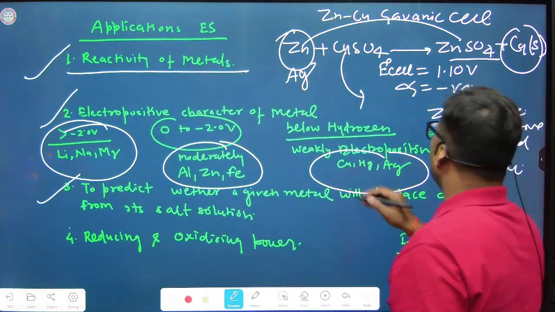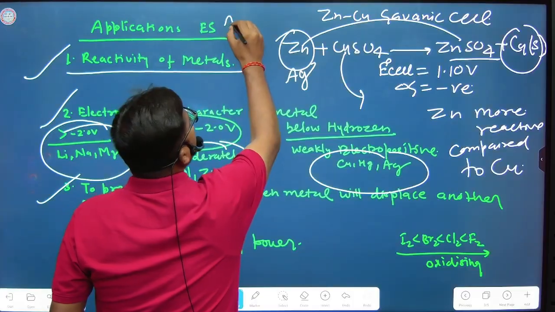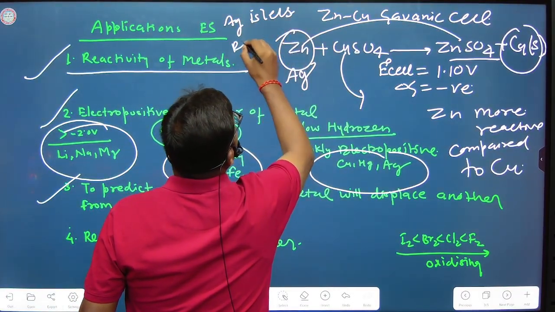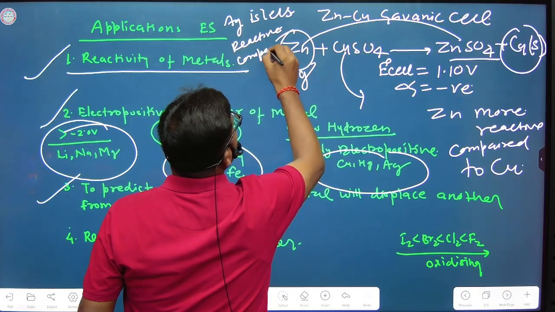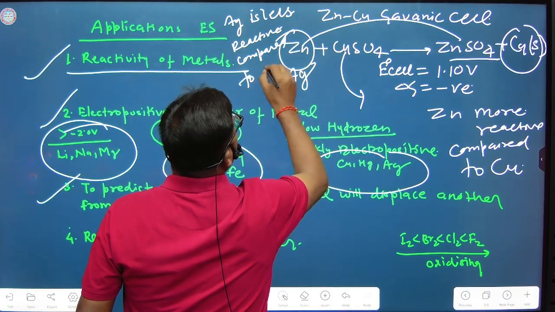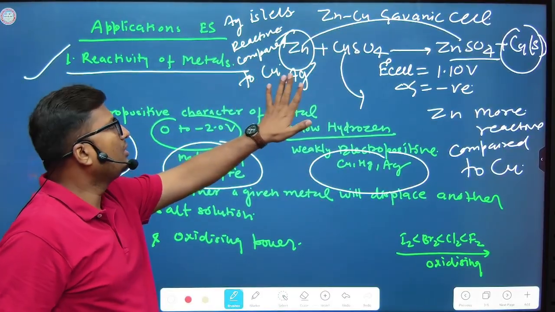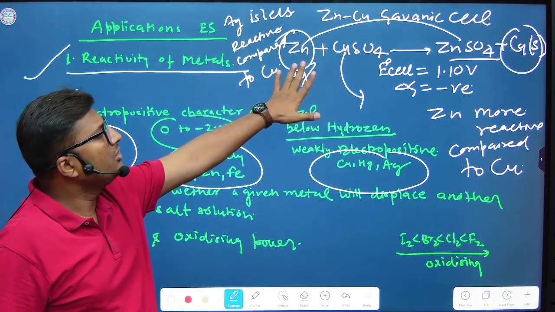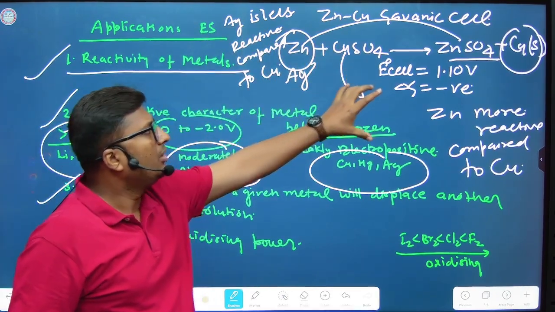Because silver, Ag, is less reactive compared to copper, silver can't displace copper from the solution, and this reaction is thermodynamically non-favorable.